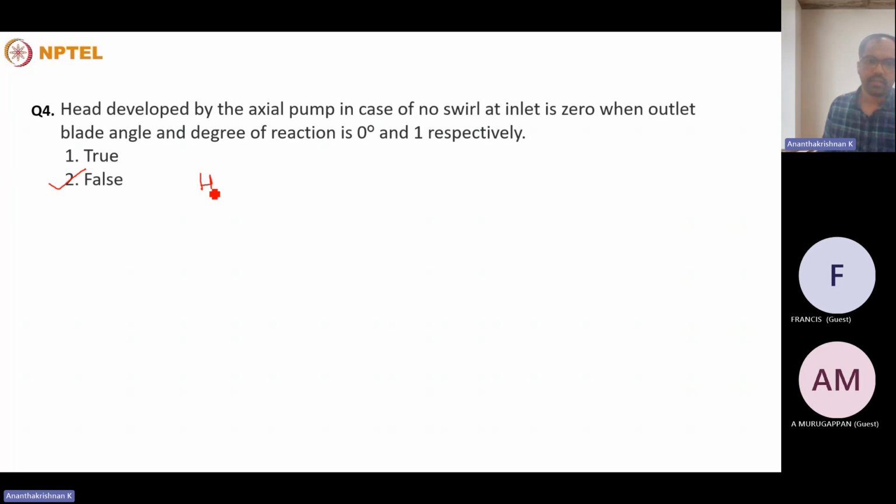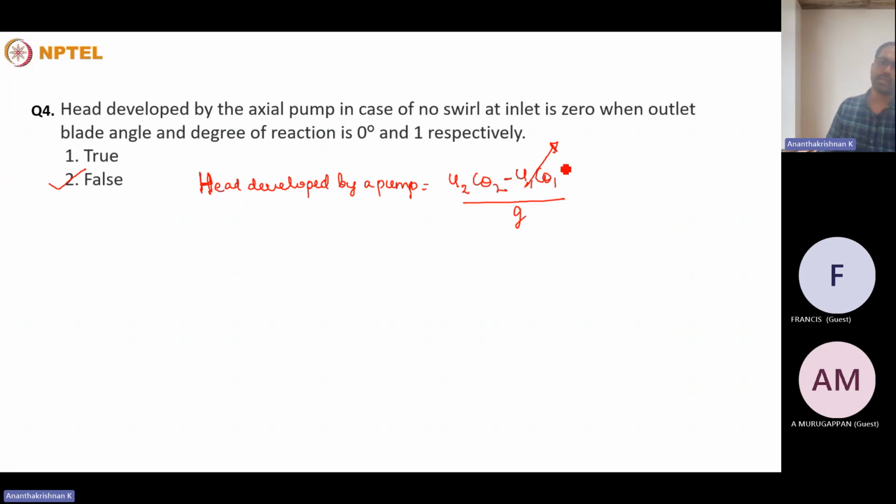So the ideal head developed by a pump is given by the formula u2 c theta 2 minus u1 c theta 1, divided by g, that is the blade velocity multiplied by the tangential velocity. So when there is no swirl, that is the tangential component of the actual velocity at the inlet, c theta 1, is equal to 0, we can reduce it to u2 c theta 2 divided by g.